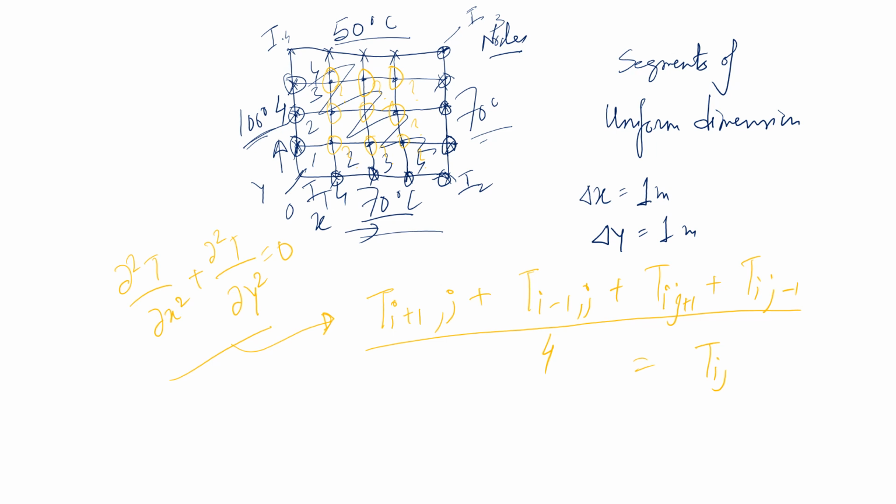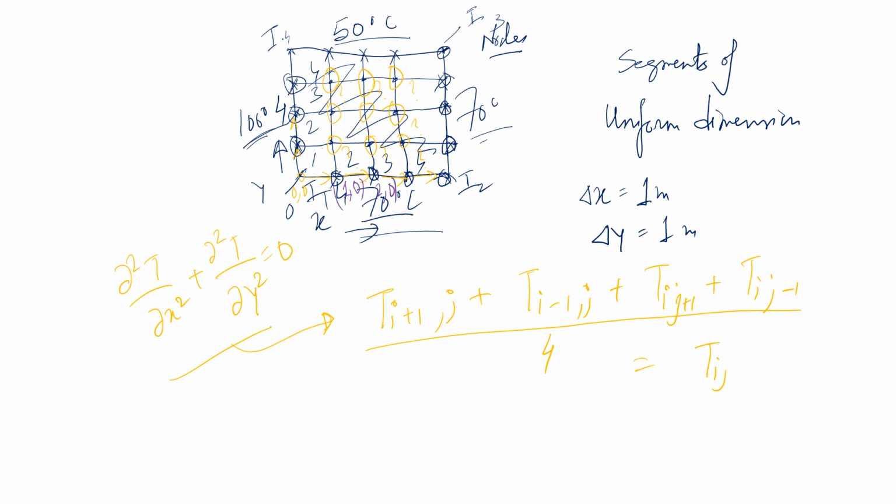Actually i is in the X direction and j is in the Y direction. So at the origin both i and j are 0, and if you go in the X direction, then i will change, and when you go in the Y direction, then j will change. So this is 0,0, and now this point is in the X direction, that means i will be 1, but j will remain 0.